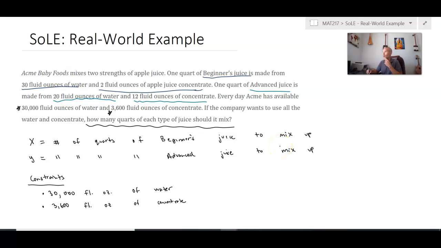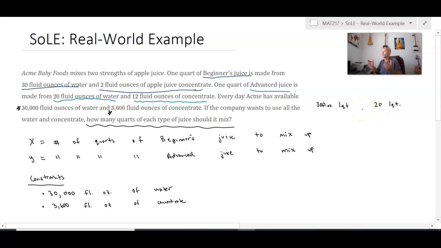So if I were to have, say, 1 quart of the beginner's juice, then that would require 30 fluid ounces of water. And if I had 1 quart of advanced juice, that would require 20 fluid ounces of water. Now, that's just for the water requirement.